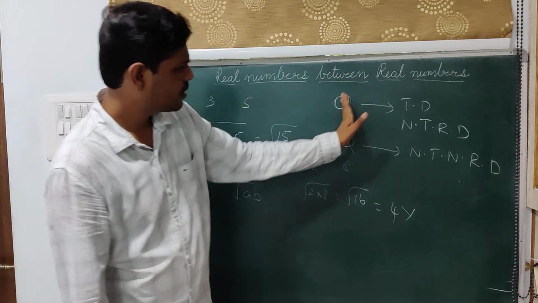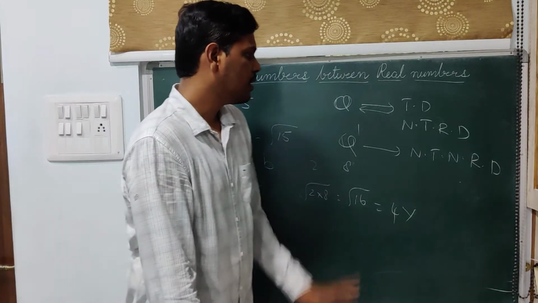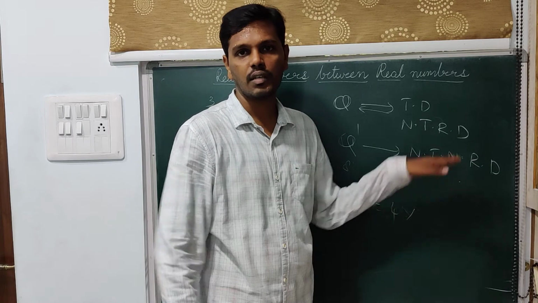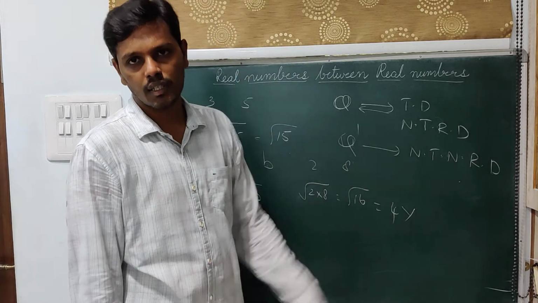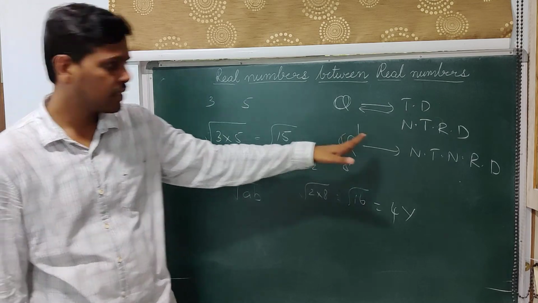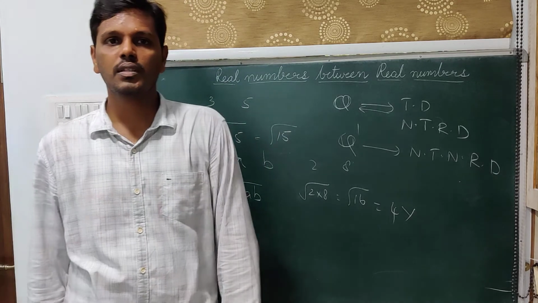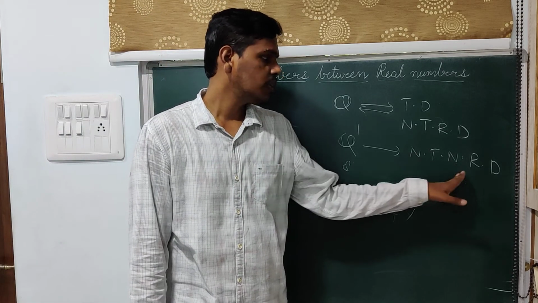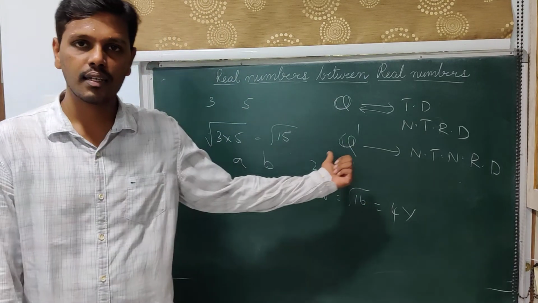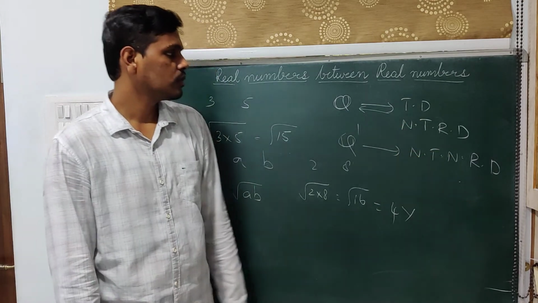So what I mean is, for rationals both ways are true, whereas given an irrational number, it need not be a non-terminating, non-repeating decimal, but given a non-terminating, non-repeating decimal, it should be an irrational number. That is, I am not saying that all the irrational numbers are non-terminating, non-repeating decimals, but all the non-terminating, non-repeating decimals are irrational numbers. So that is the point which I am trying to stress here.